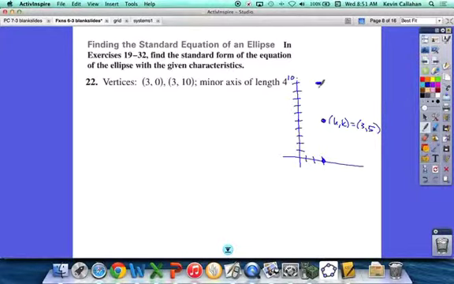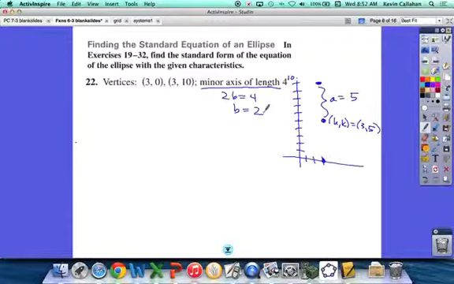A is this distance here. A is 5. And they also told us that the minor axis length is 4. So what are they telling you by telling you that? b is 2, right? 2b is 4. So b is 2.